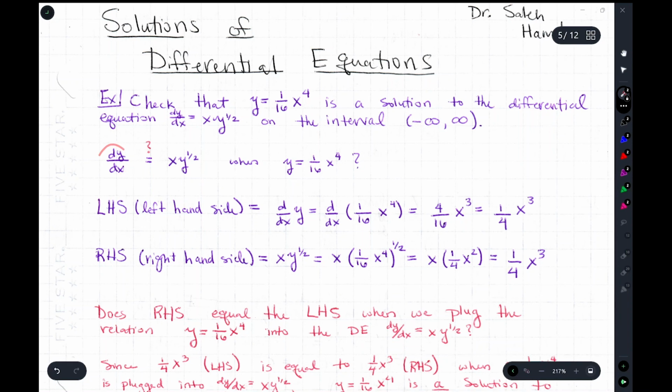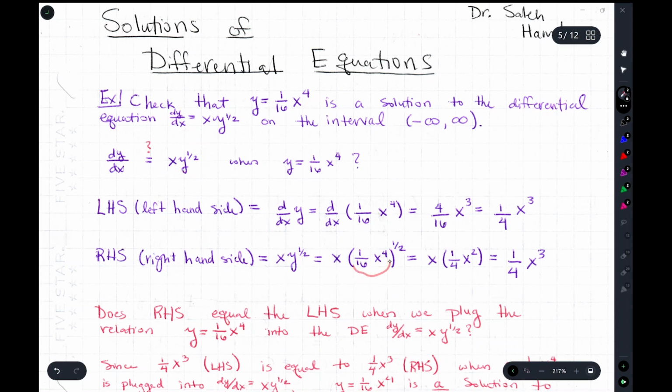The left-hand side is just dy/dx, so we just straightforwardly plug y into the left-hand side, and we end up getting 1/4 times x cubed. And now independently, we check the right-hand side. Okay, what's the right-hand side? The right-hand side is x square root of y.